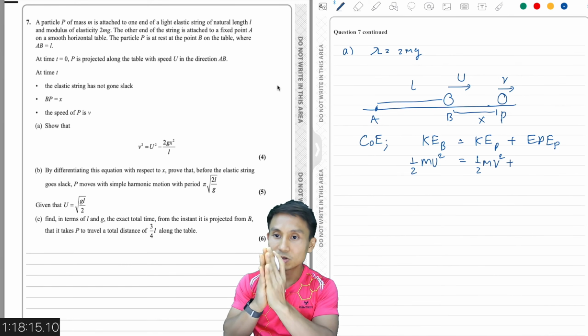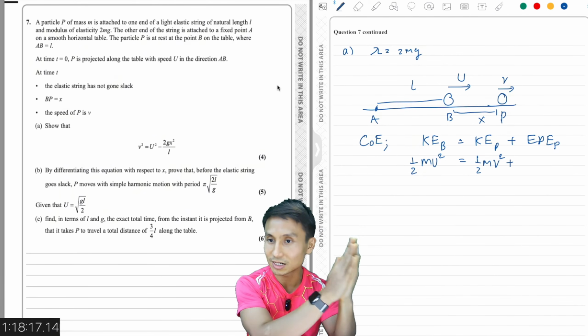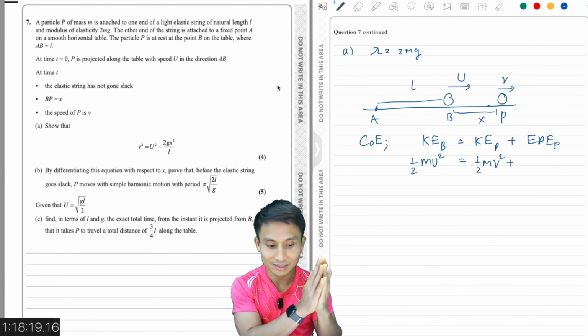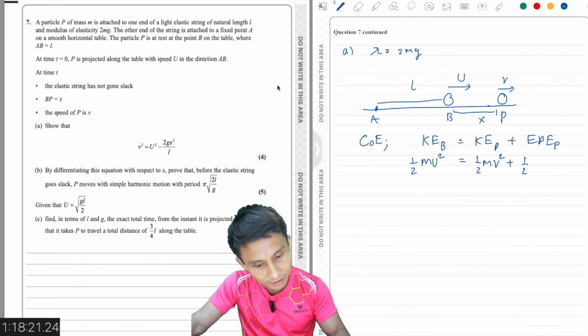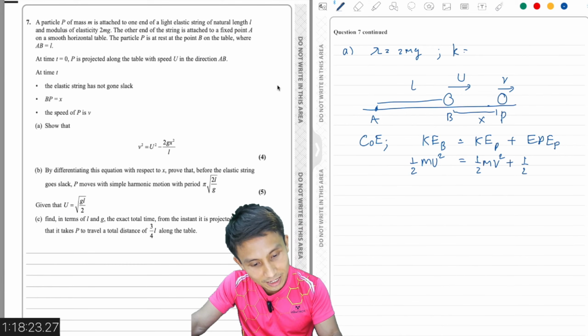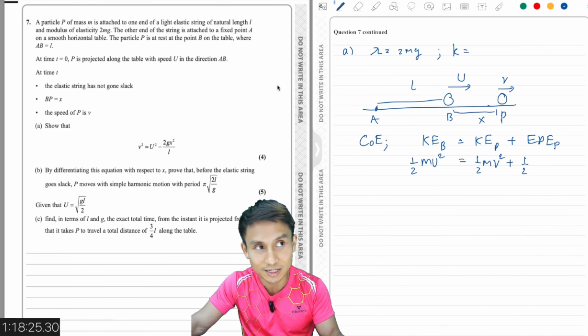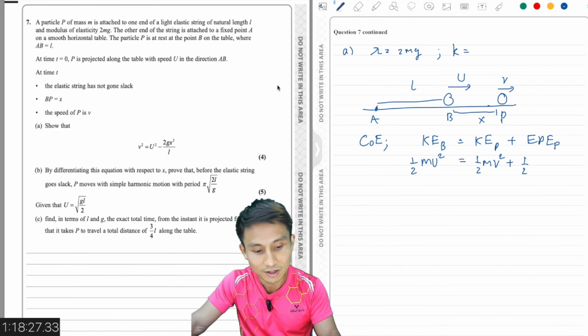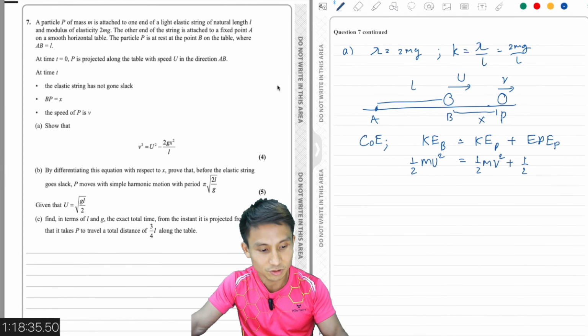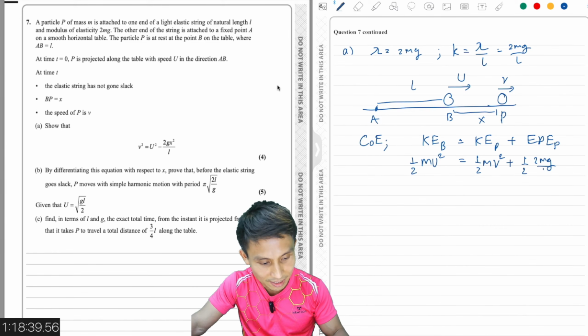Well, you have stretched the length by x. x is the extension, so we do half. From what I know, k, the spring constant, would be lambda over natural length. So that's 2mg over L. So the energy here is half k x squared.